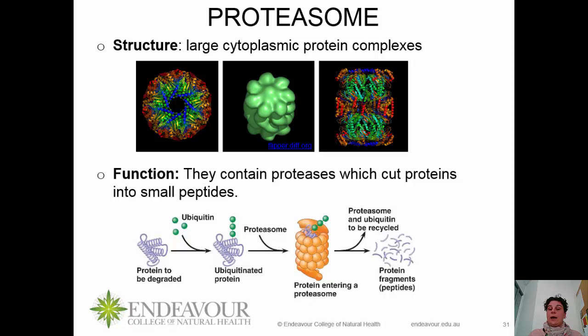This happens in the ER, and when the ER labels a protein with a ubiquitin, this ubiquitinated protein is then sent to the proteasome. And as you can see, this hole in the structure of the proteasome is where the degraded protein goes into, and out of it come these protein fragments or peptides.